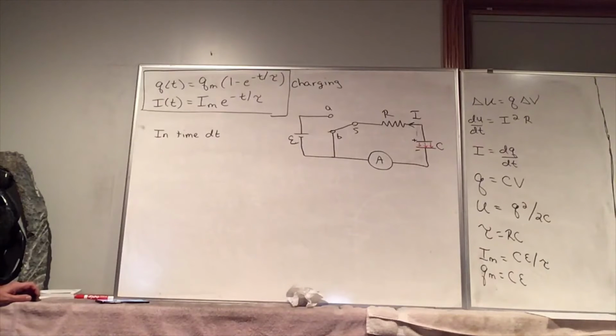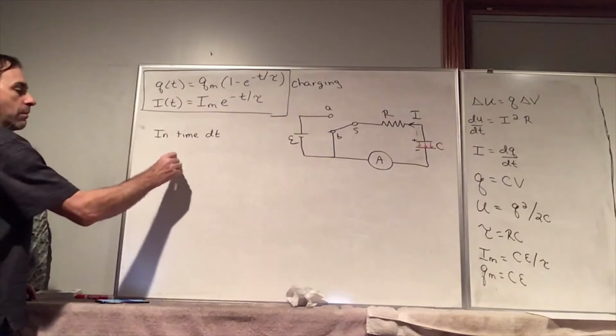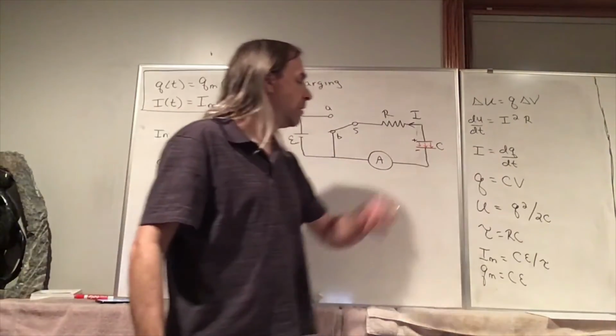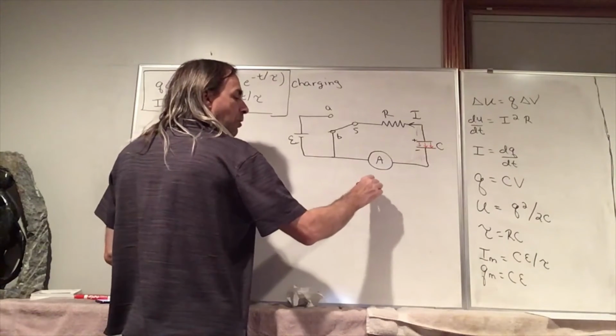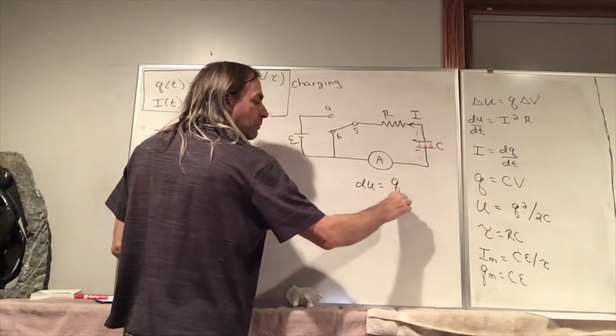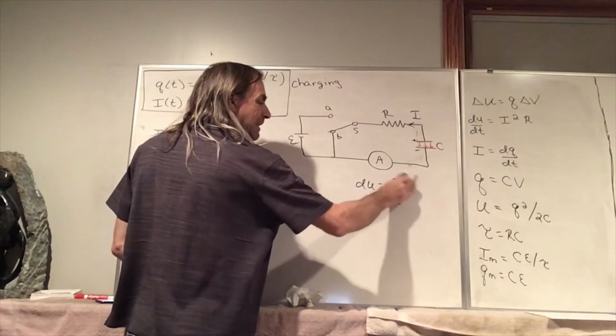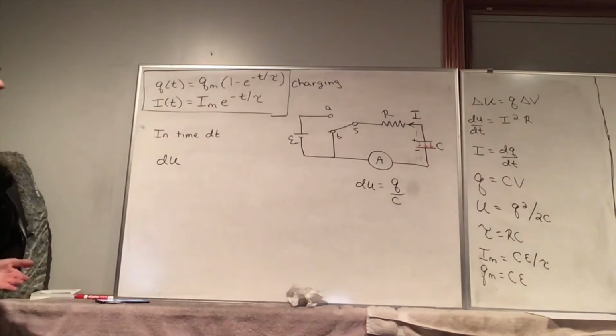The amount of energy it gains, let's call that dU again. For the capacitor, dU would be just Q over C, so we have 2Q over 2C, and the 2's cancel off. Okay.